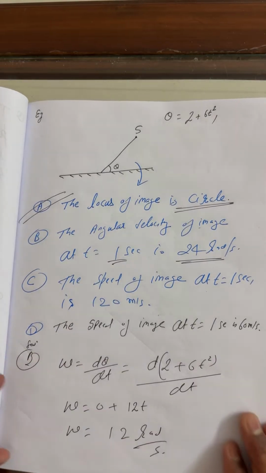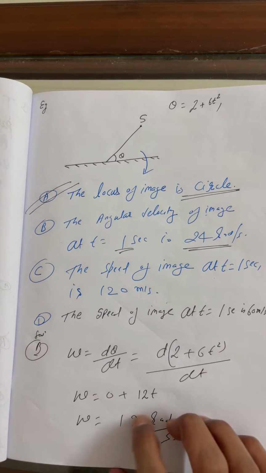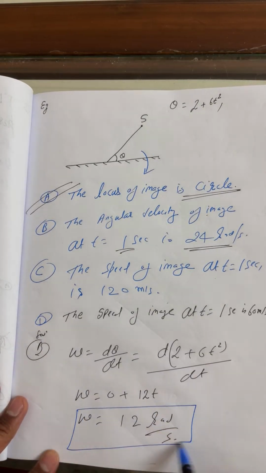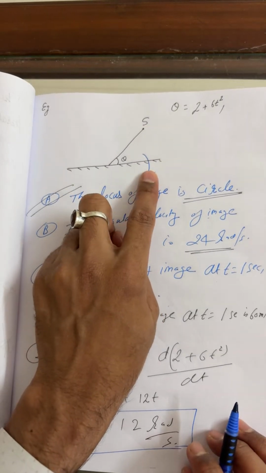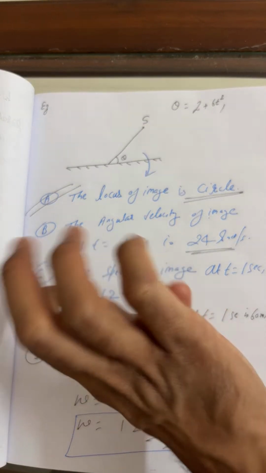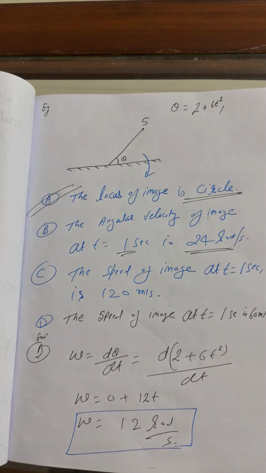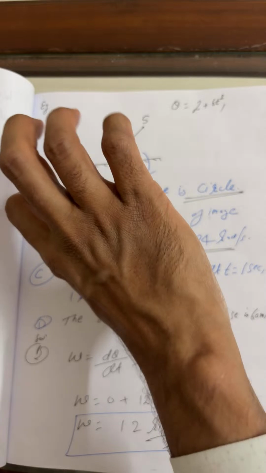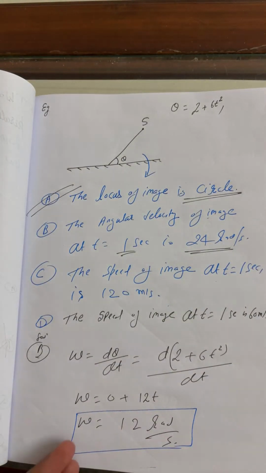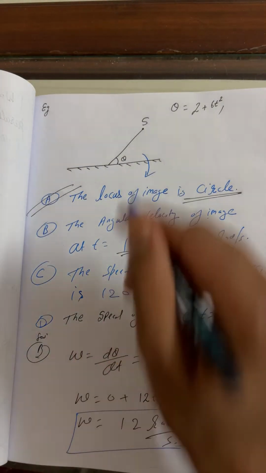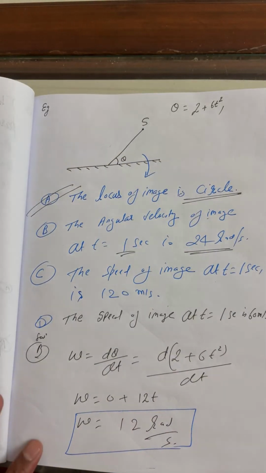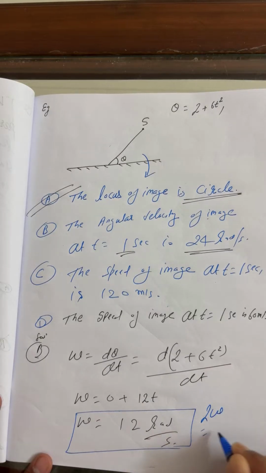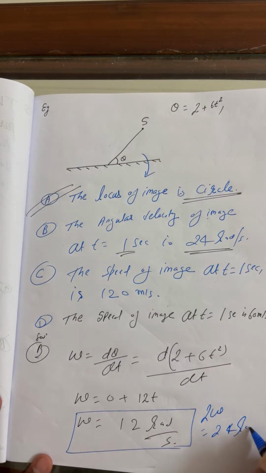But this is not your answer. Today I taught in the classroom: if you rotate a mirror by an angle theta, the reflected ray rotates by 2 theta. So if you are rotating the mirror with angular velocity omega, the reflected ray turns with 2 omega. So the answer is 2 omega, which is 24 radian per second.